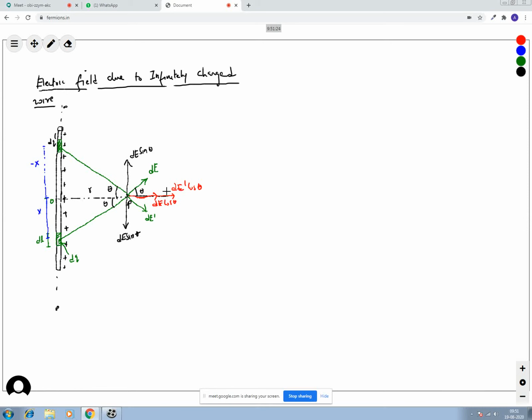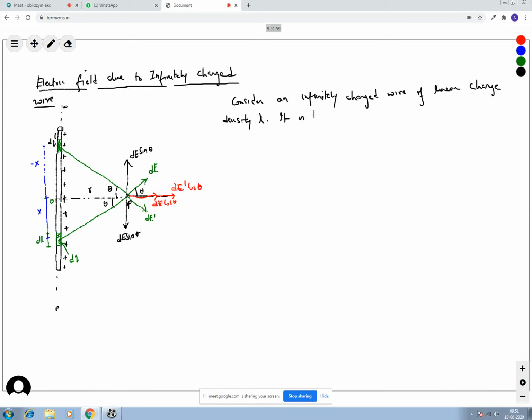So as a result, what will happen now? Let me write a little bit brief about it. Consider an infinitely long charged wire of linear charge density lambda, that is uniform charge density lambda.